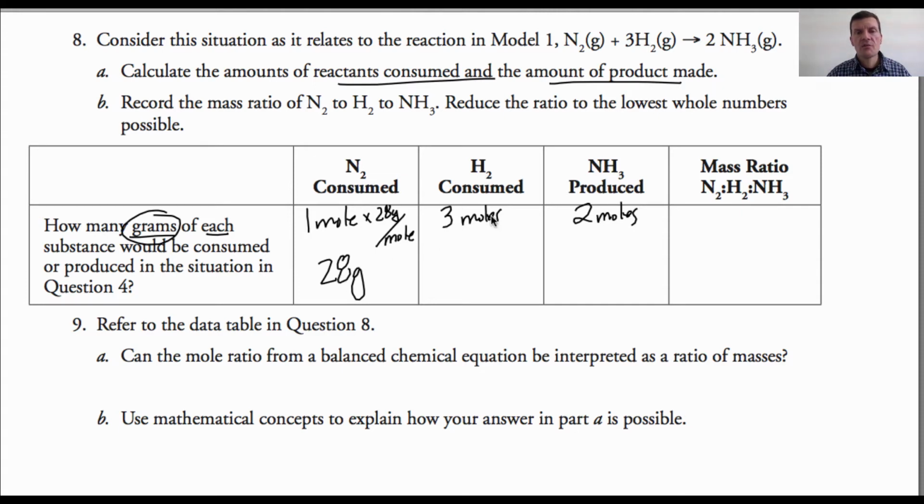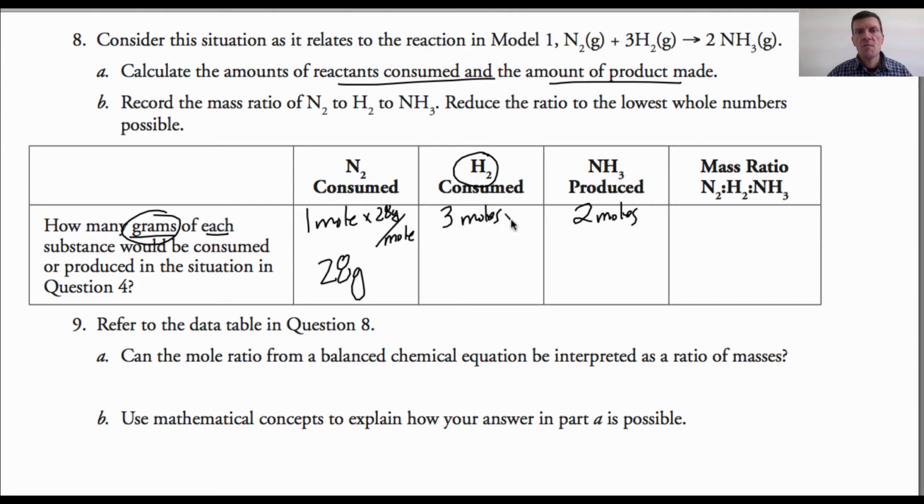Hydrogen, 3 moles of hydrogen. Each mole of hydrogen, because it's H2, H alone has a molar mass of 1. But since it's H2, it has a formula mass, or a molar mass, of 2.